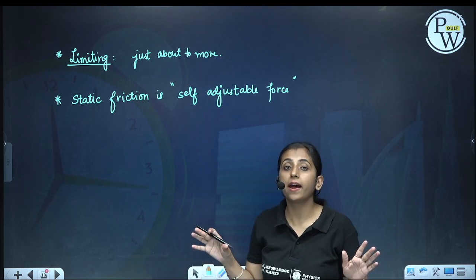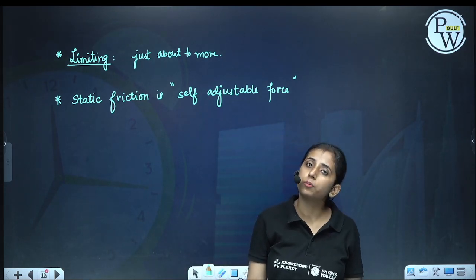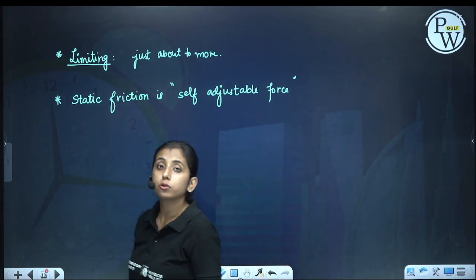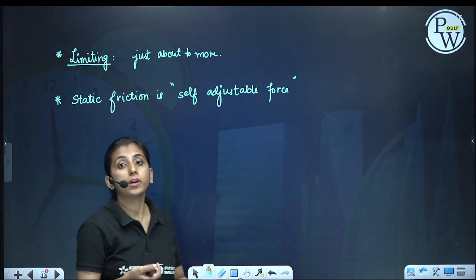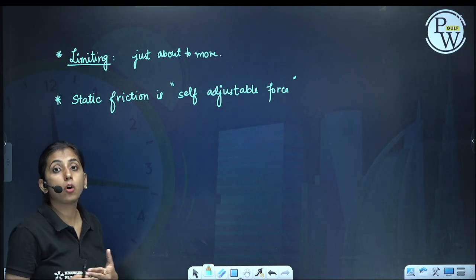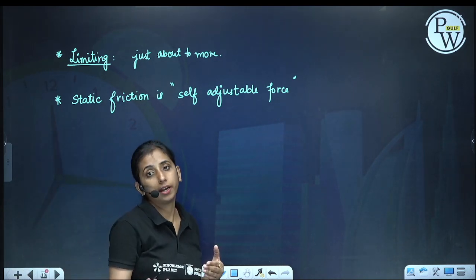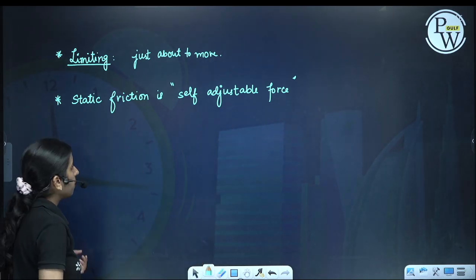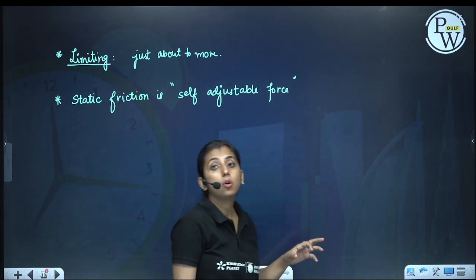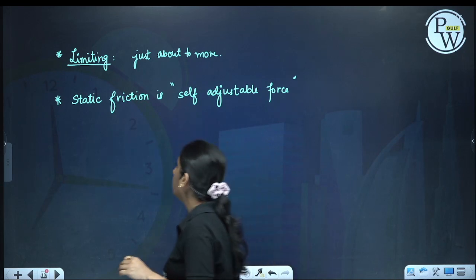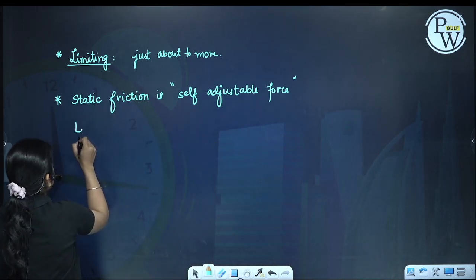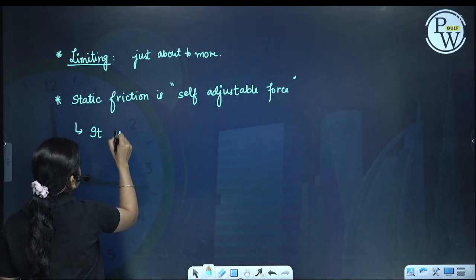If you don't apply any force, frictional force will also be 0. If you apply a force of 3 Newtons, then static friction will be 3 Newtons. So it is adjusting itself according to what value you are applying. That's why it is called a self adjustable force. It is equal to the applied force.